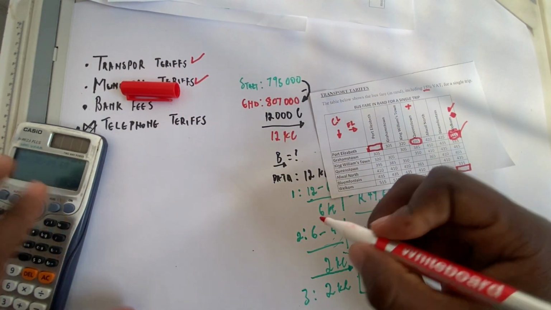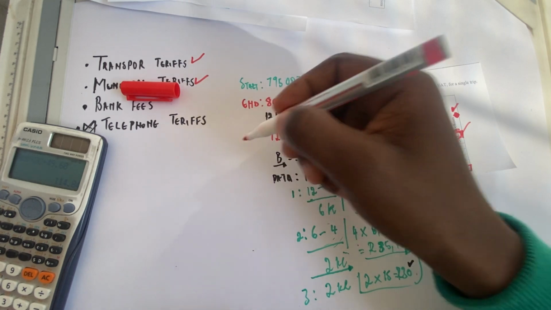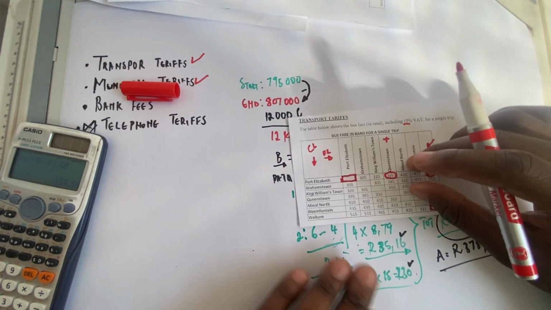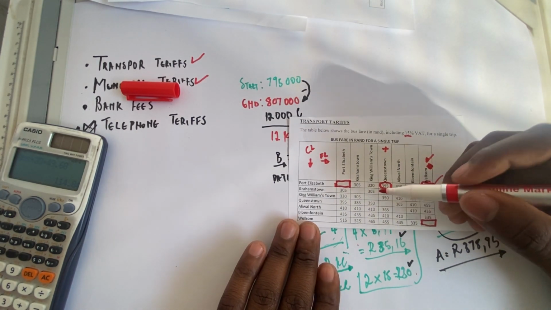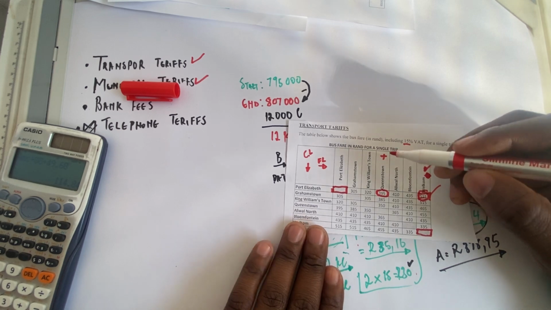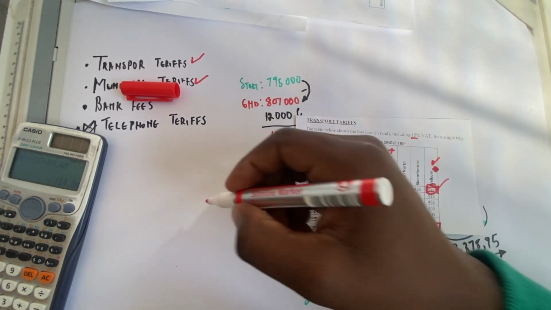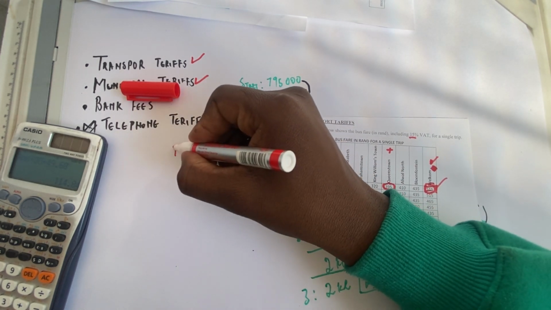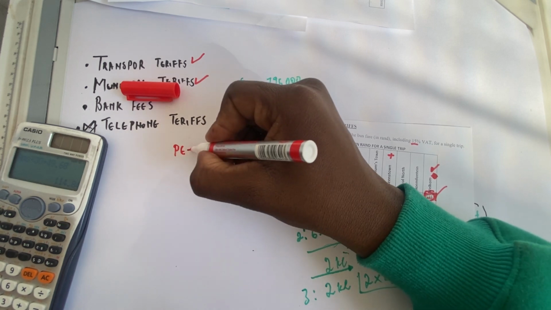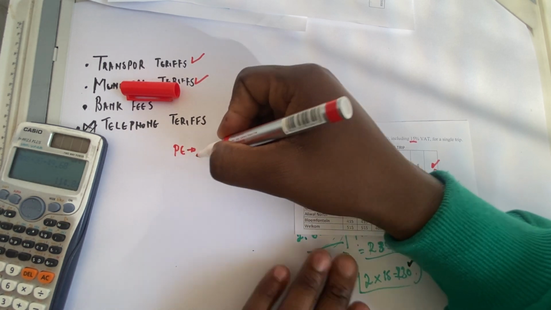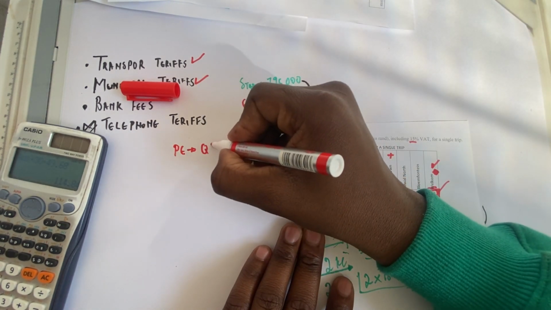Let me just explain in this one. A possible question that might come is: what is the amount charged to go from Port Elizabeth, PE, to Queenstown, QT?